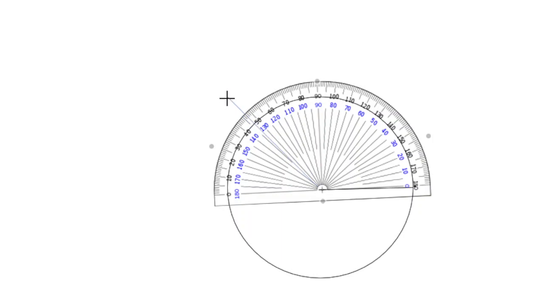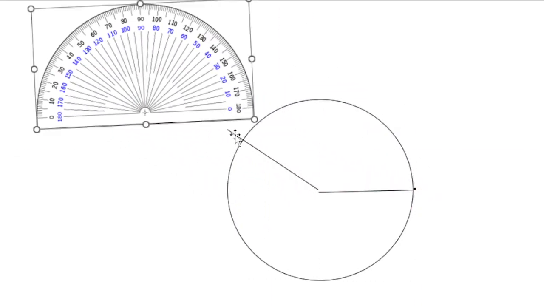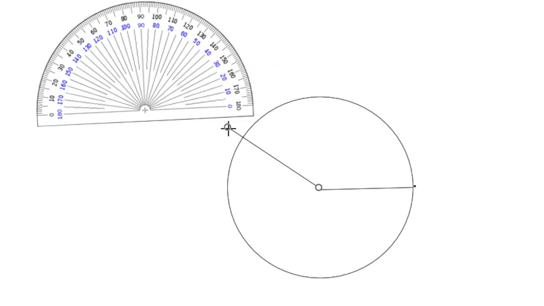We need to draw 144. Okay, so this is 140. Now 141, 2, 3, 4. This is basically 144 degree, right? Okay, so we'll draw 144. Although we will not cross the circumference. Okay, so if it is crossing some circumference, you can erase this, right? Okay, so now I'm going to erase this one.